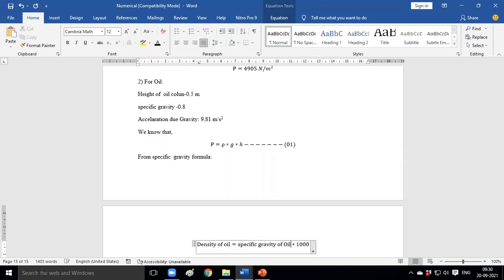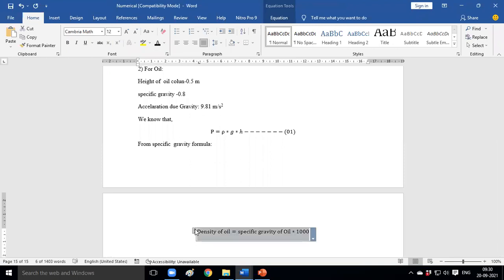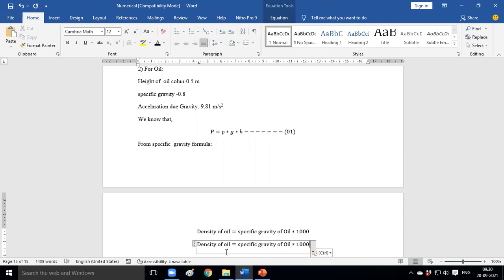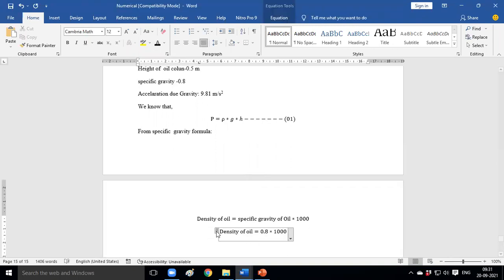If we put 1000, what will be the unit of density of oil? Kg per meter cube. So just simplify it and tell me what will be the density of oil?